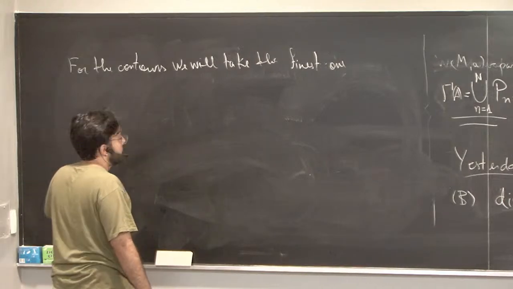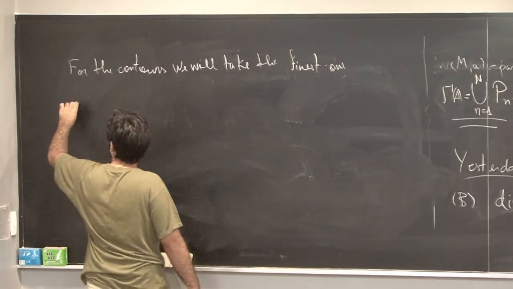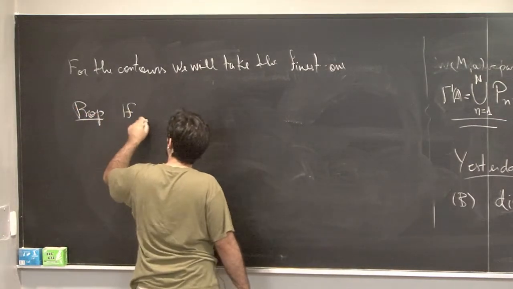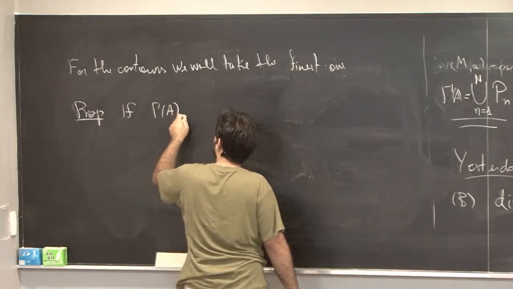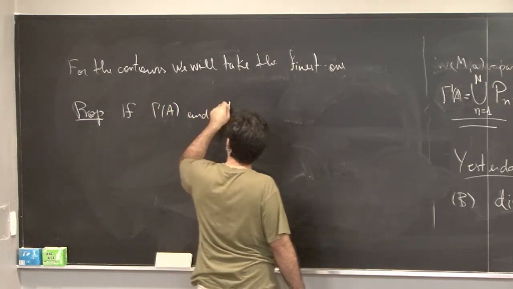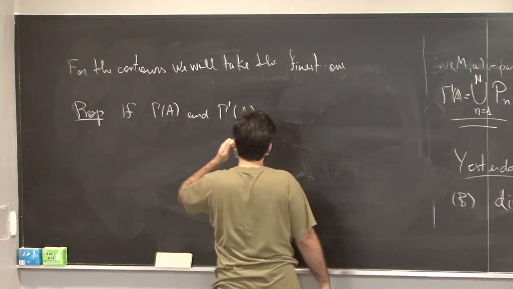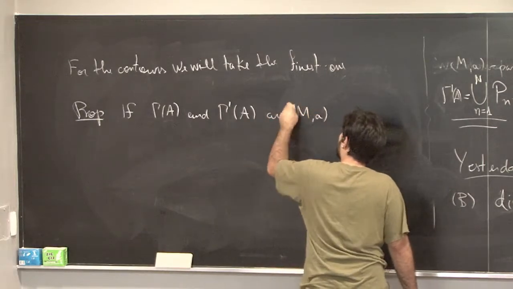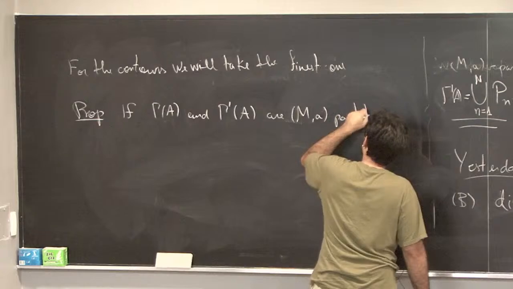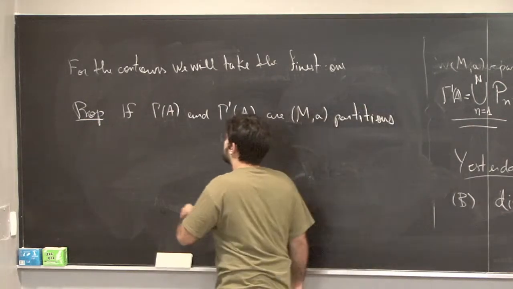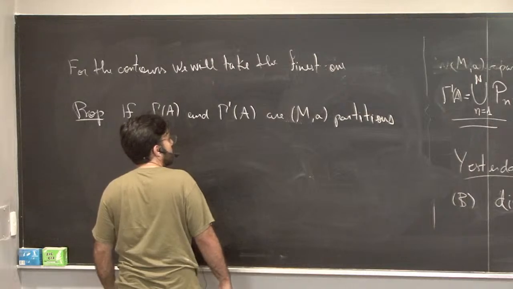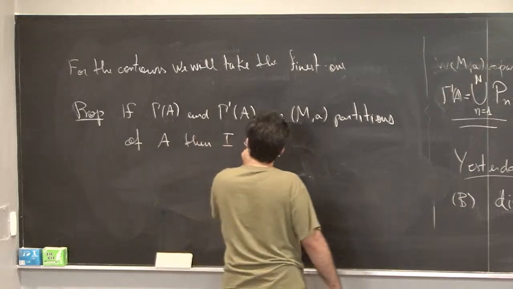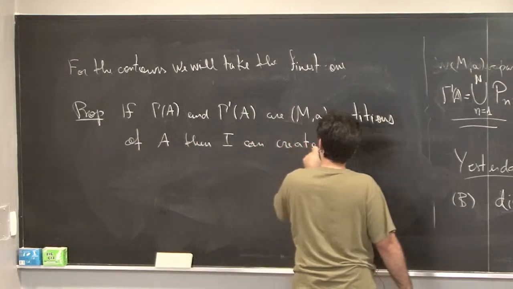So for this to be well defined, I need to prove another thing. I need to prove an important property: if gamma A and gamma prime A are MA partitions of A, then I can create a finer one.